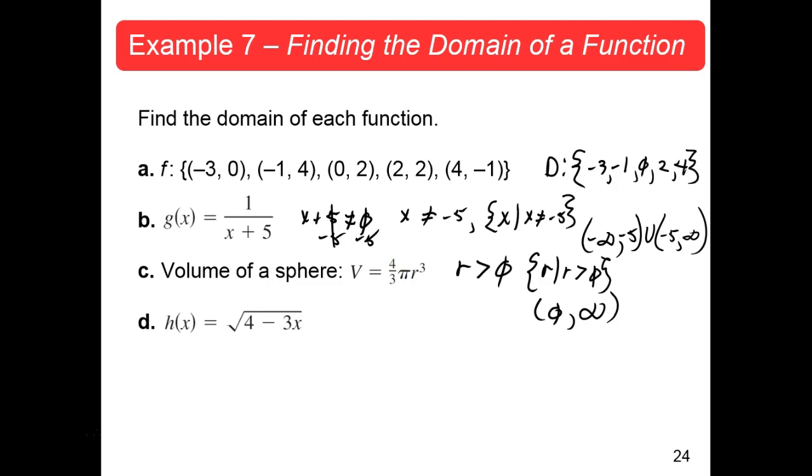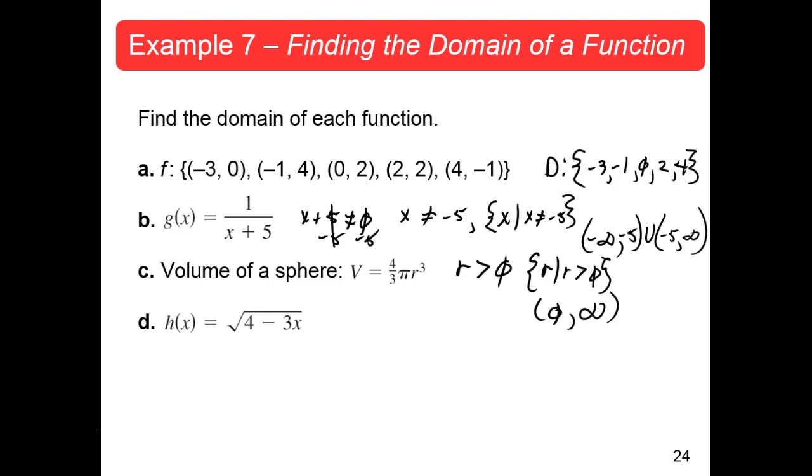Okay, how about h? I'm sorry, the D part of the example. That's h of x. What are the limitations or values of its domain? Any limitations? What's the key ingredient to look at there?